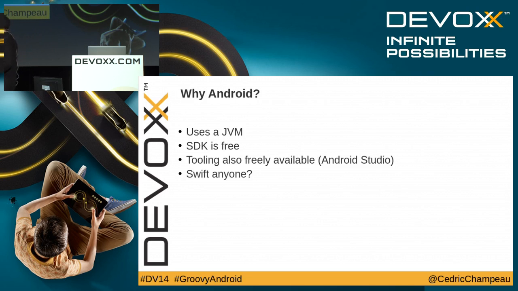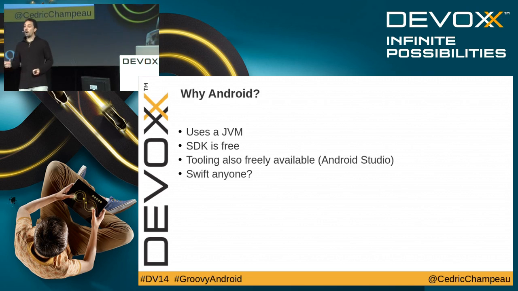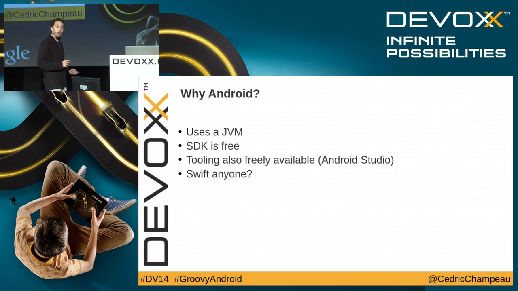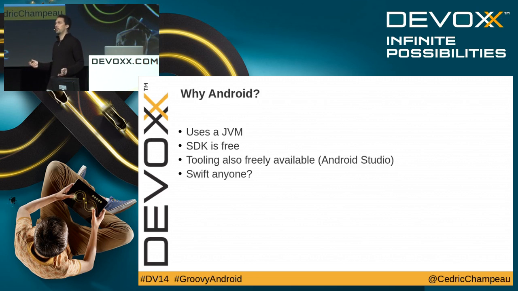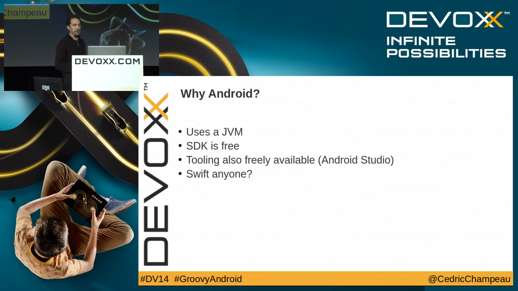One last reason is maybe not why Android, but why not iOS? When we announced that you could use Groovy and Android, Apple, the same day, announced a new language, Swift. How many of you know about the Swift language?